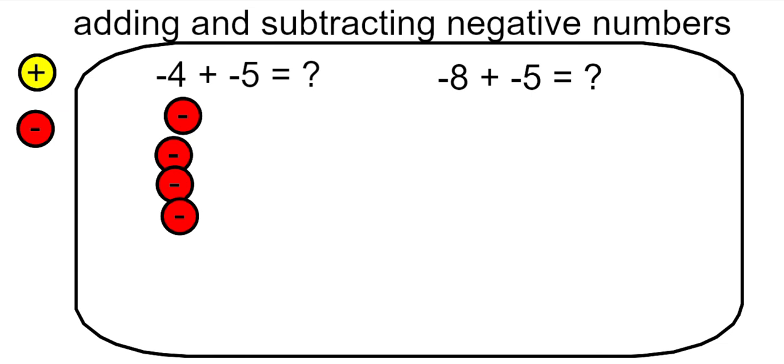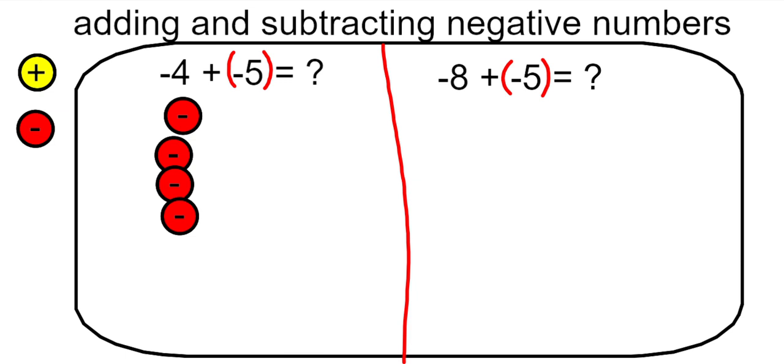I guess technically I should have some parentheses here, since we are adding a negative, to show that this is actually something different. I'll do that for both of them, and we'll even separate both sides.